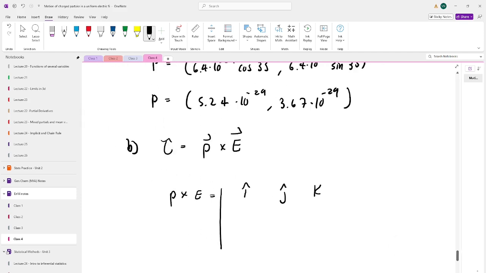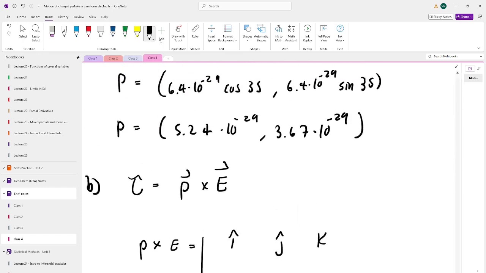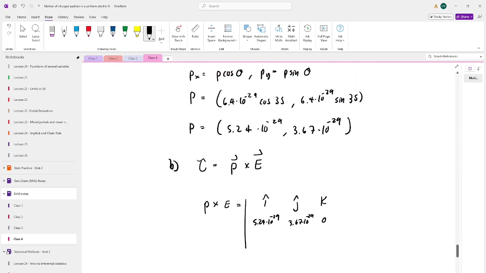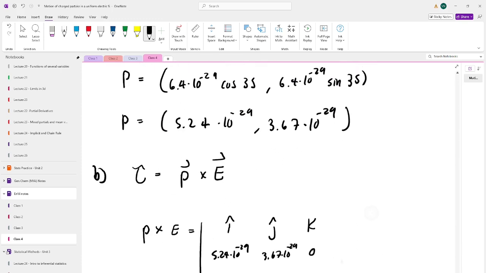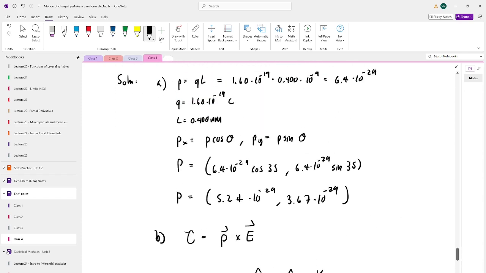We can make our little table, and then P has an x component, which is 5.24 times 10 to the minus 29, and then has a y component, which is 3.67 times 10 to the minus 29, and then the z component is 0. And now when it comes to the electric field, to understand which direction it's moving, we can illustrate it as follows.